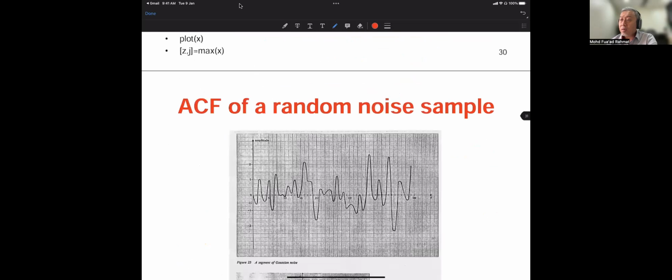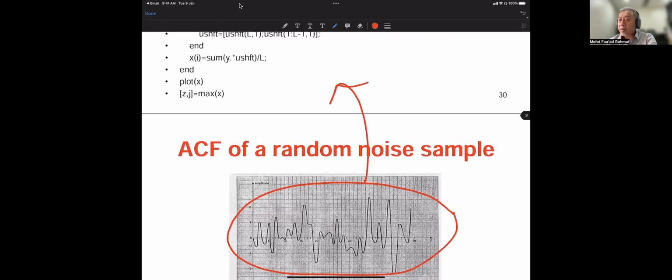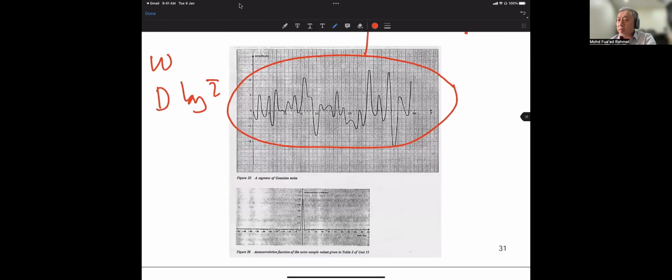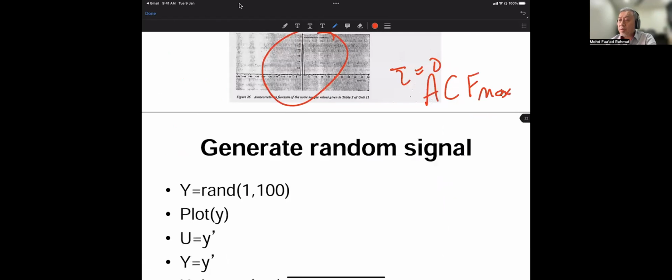Let's say we have random noise data, and we insert into this program the data itself, which is the W, and then duplicate it by tau, and then we can get something like this, where tau equal to 0 gives the maximum ACF value.